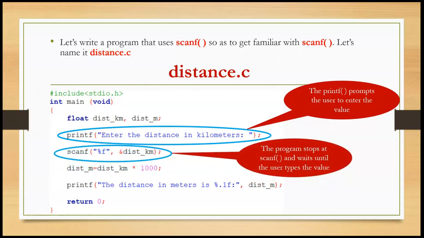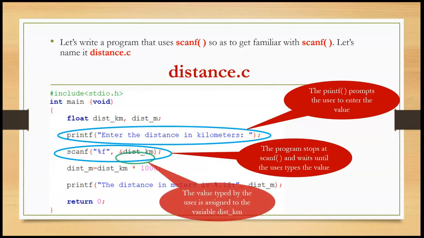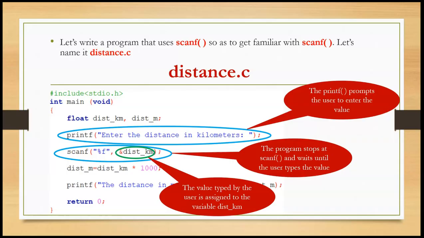The program stops at scanf and waits until the user types the value. Whatever value the user types is assigned to the variable dist_km, which represents the distance in kilometers.